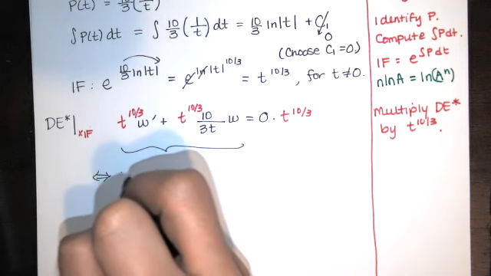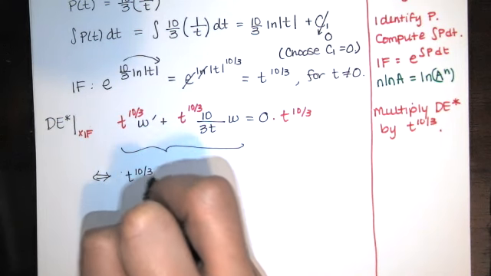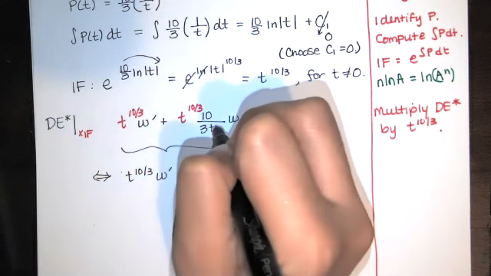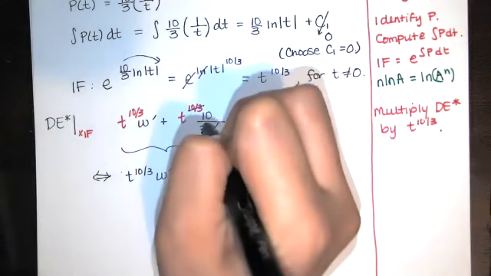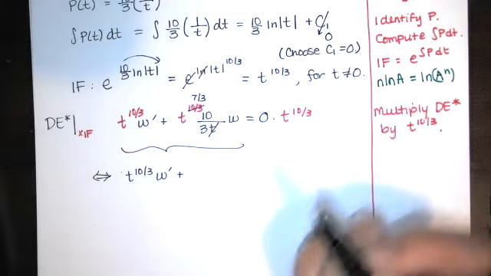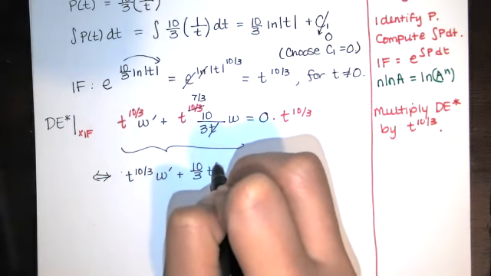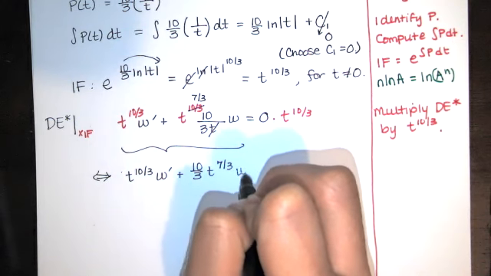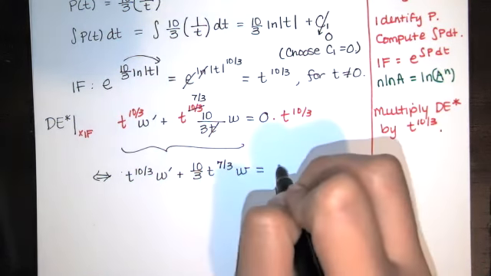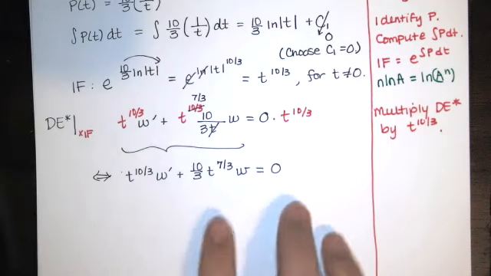We'll have t to the 10/3 times w prime plus t goes into this once, so that'll become a 7/3. This will be 10/3 times t to the 7/3 times w, and 0 times any function is 0. So those are the same.